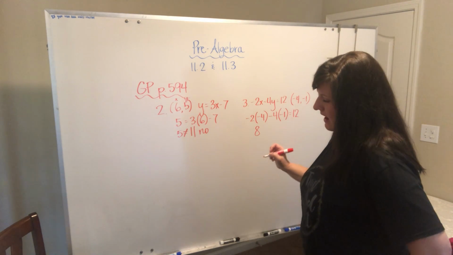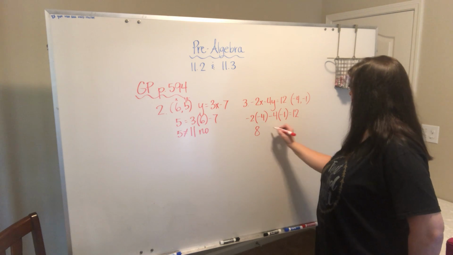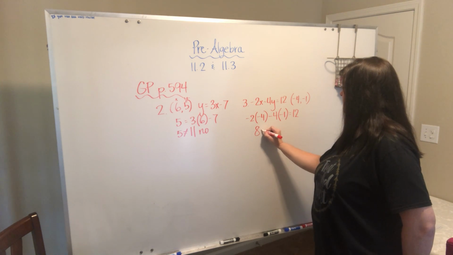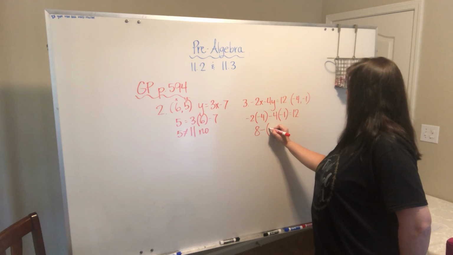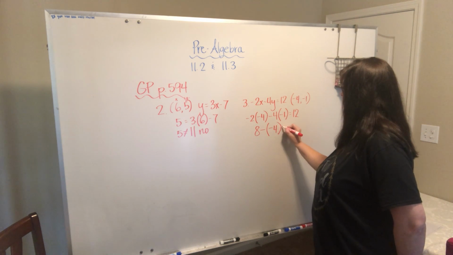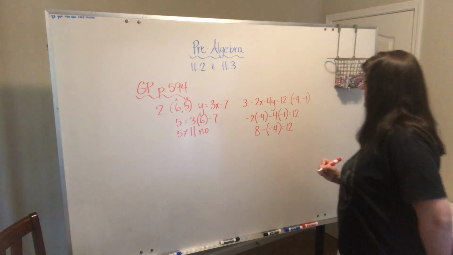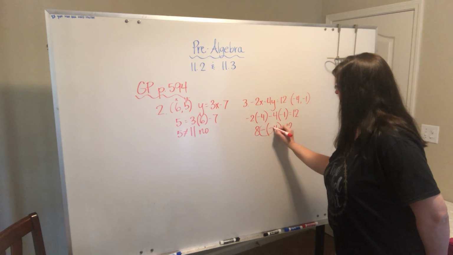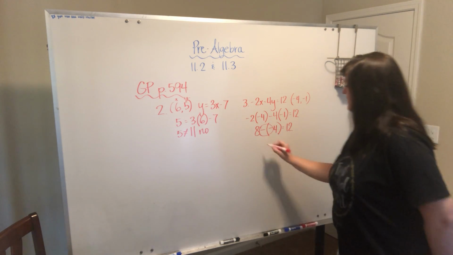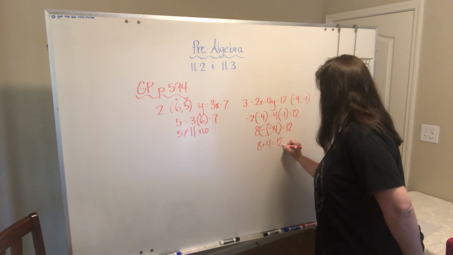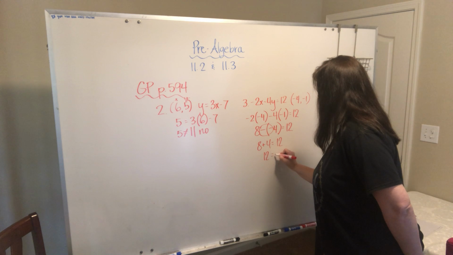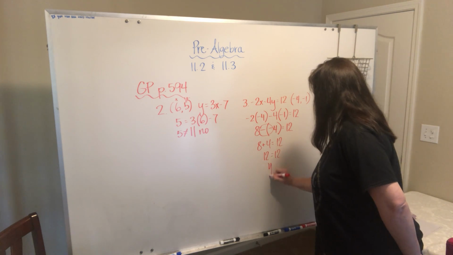So if I look at that, negative 4 times negative 1, or if I do minus 4 times negative 1, that's positive 4, so 8 plus 4 equals 12. If you look at it that way, you know that your minus minus is plus. 12 does equal 12.